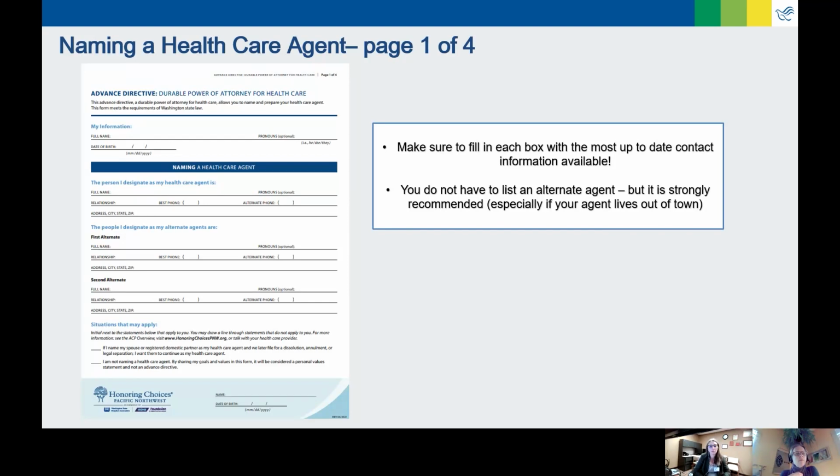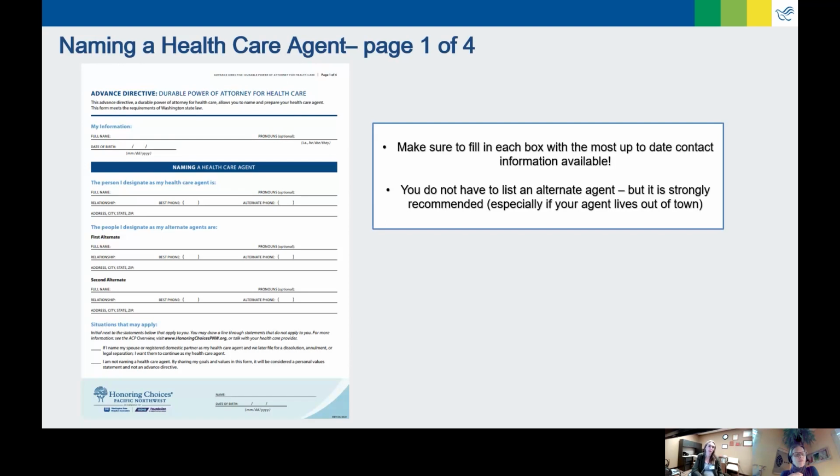It can be nice to name someone who does live locally so that if something were to happen, there could be someone who's in the same time zone potentially, or who's able to potentially come to the hospital, have eyes on the patient or you, and be able to then get a good sense of what's going on, relay the information to the primary agent. Maybe it'll take time for the agent to fly into town, and they'll be unreachable for a period of time because they're on an airplane, something like that.